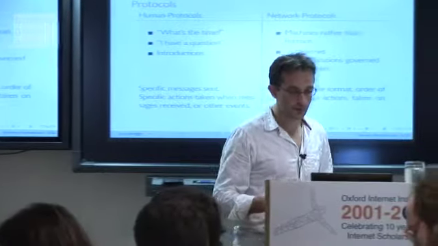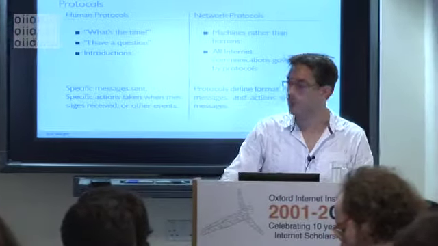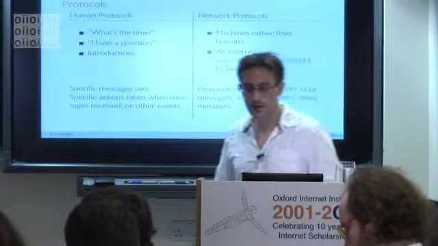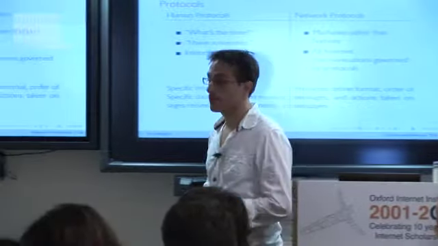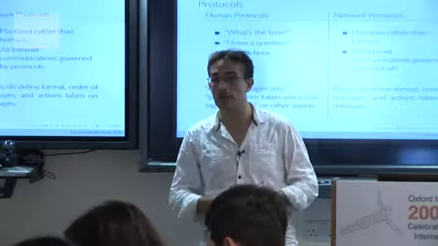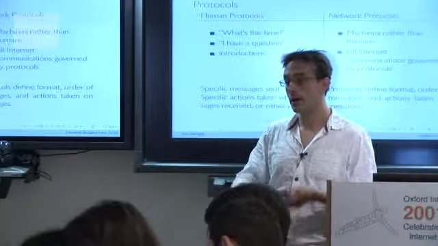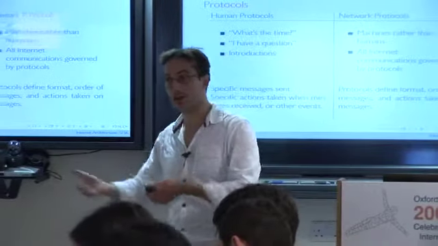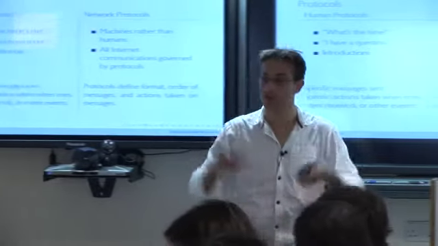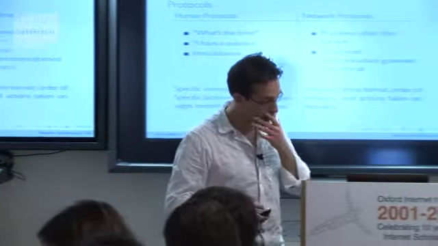On the network, we've got very similar concepts, except we're obviously working with machines rather than humans. But every communication on the internet is governed by protocols, and we have the internet handshake. One of the most important steps in a TCP connection, when we connect to something over the internet, is the TCP handshake, where one computer sends a particular kind of message that is a handshake message, and the other computer responds with the responding handshake message.